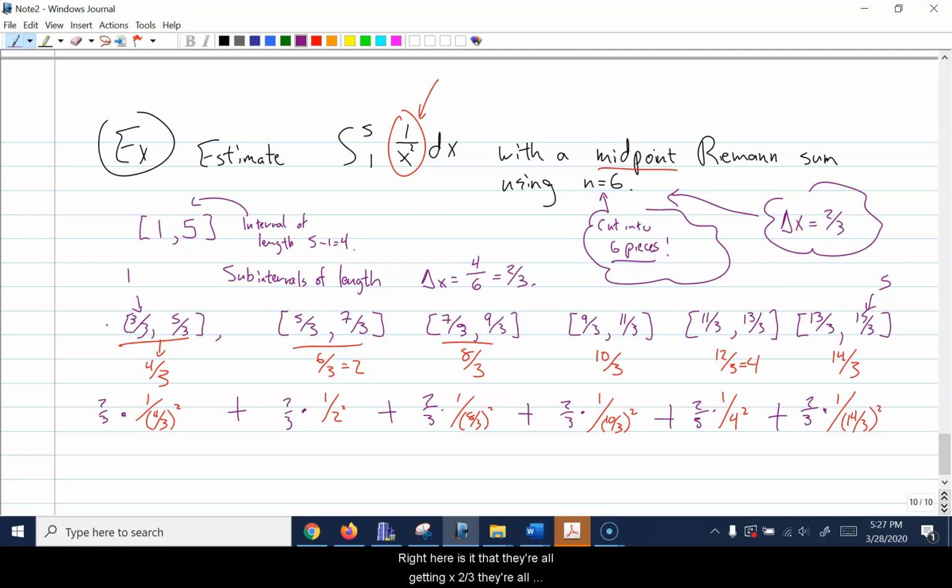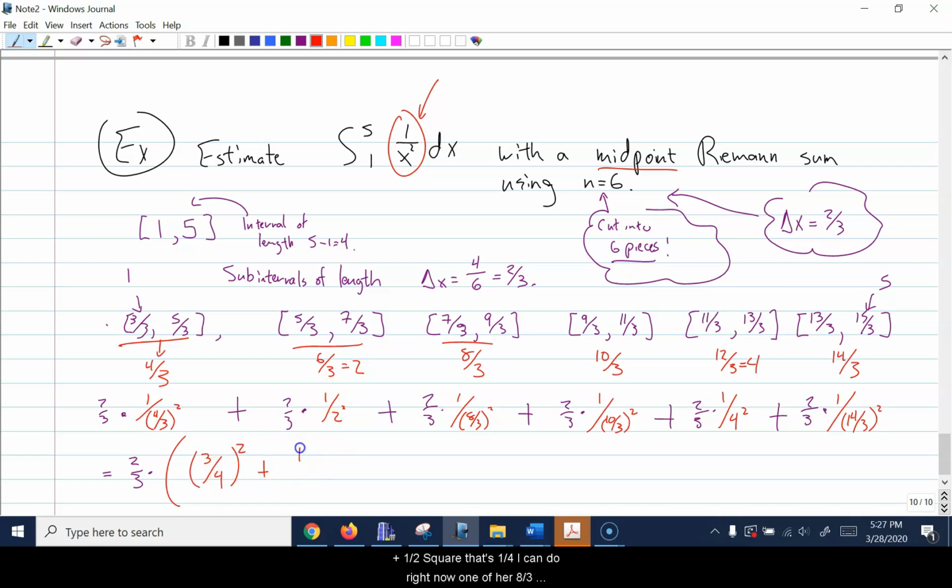All right, here's a tip. They're all getting multiplied by 2/3 and then added up. It's a lot less typing if we factor out that factor of 2/3. That's 2/3 times just those numbers. 1 over 4/3 squared, that's 3/4 squared, which will be less typing.